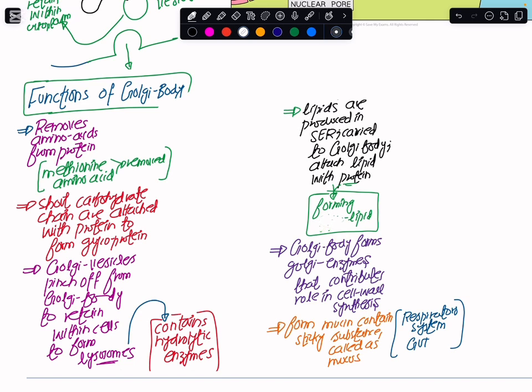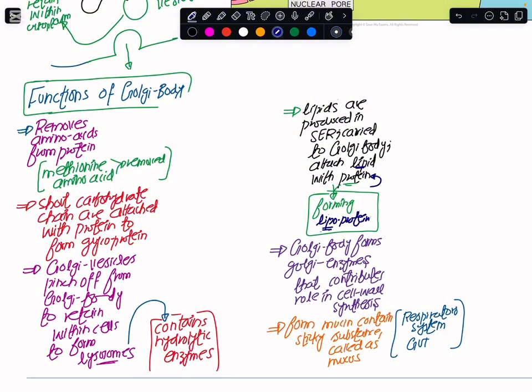Firstly, we would be making the proteins, and when those proteins would be coming toward the Golgi body, over there we would be attaching the short lipid chains to the protein, and as a result of that, we would make lipoproteins out of it. The lipids initially would be metabolized in the smooth endoplasmic reticulum, and then they would be brought to the Golgi bodies, and over there, when we attach the lipid to the protein part, we have made the lipoprotein out of it.